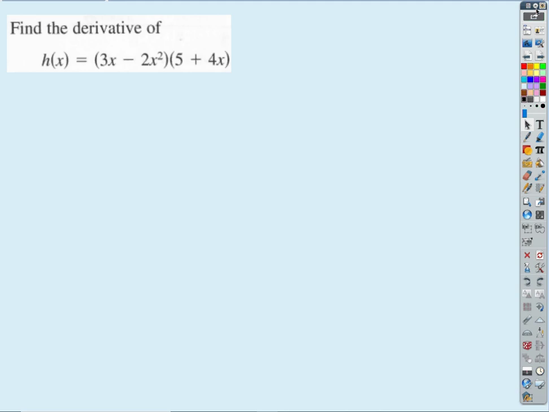We'd have to expand it out, and if we expand it out, we're going to get some polynomial, and then we can just differentiate term by term using our power rule. Agreed? I'm not even going to do it, but you could easily do that, right? Multiply it out, and then from there it's a piece of cake. Once you get a polynomial, the power rule is easy to apply, differentiate term by term, and we're done.